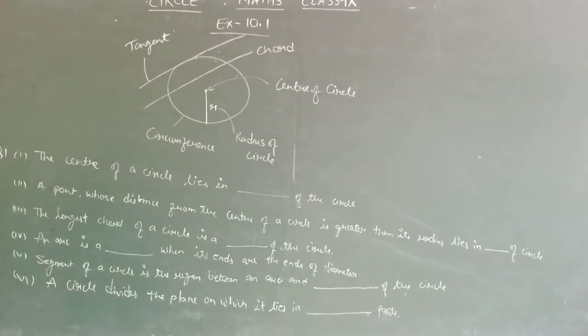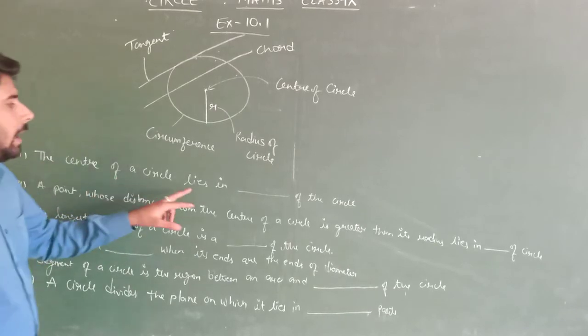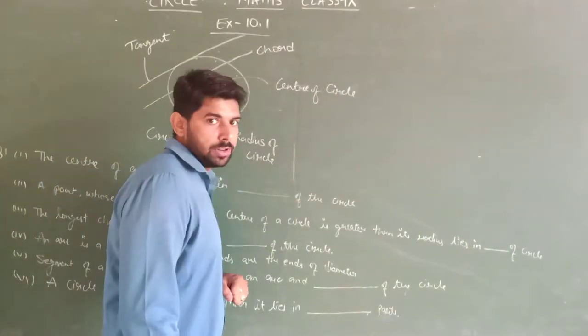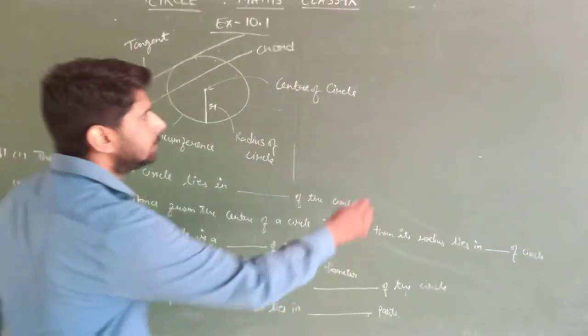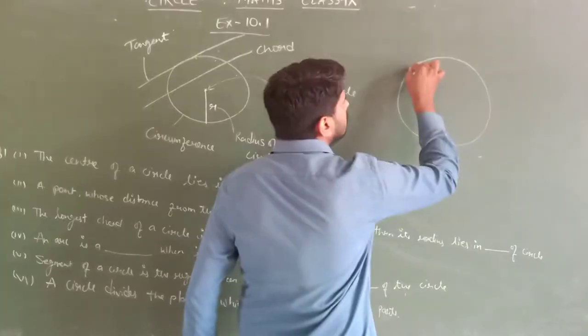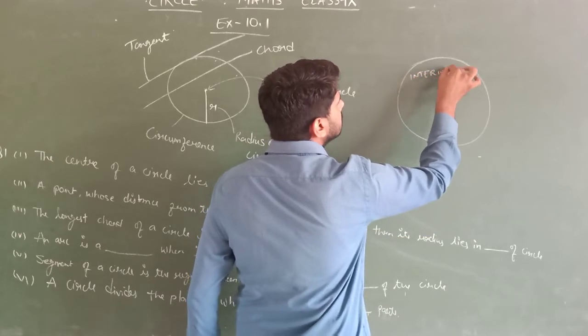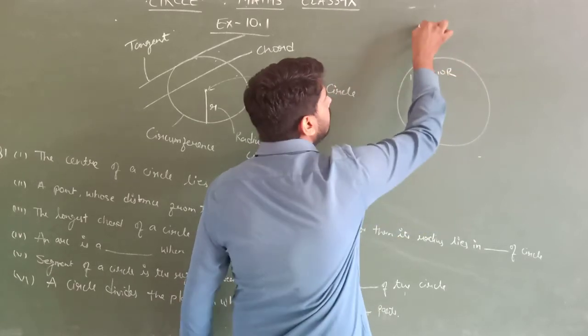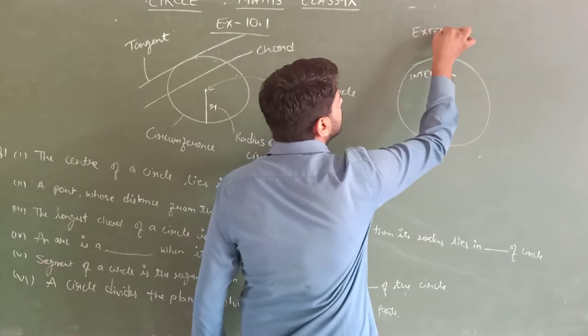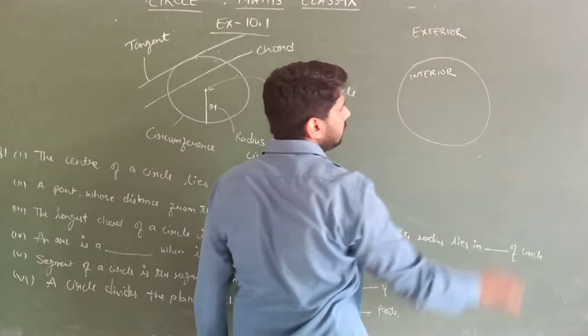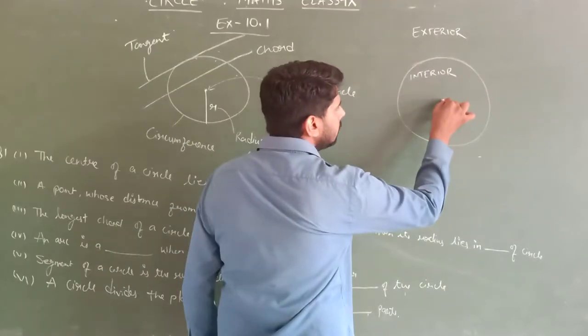So let us do the first one. The center of the circle lies in dash of the circle. So this is the interior of the circle, and that is the exterior of the circle. Here is the center.